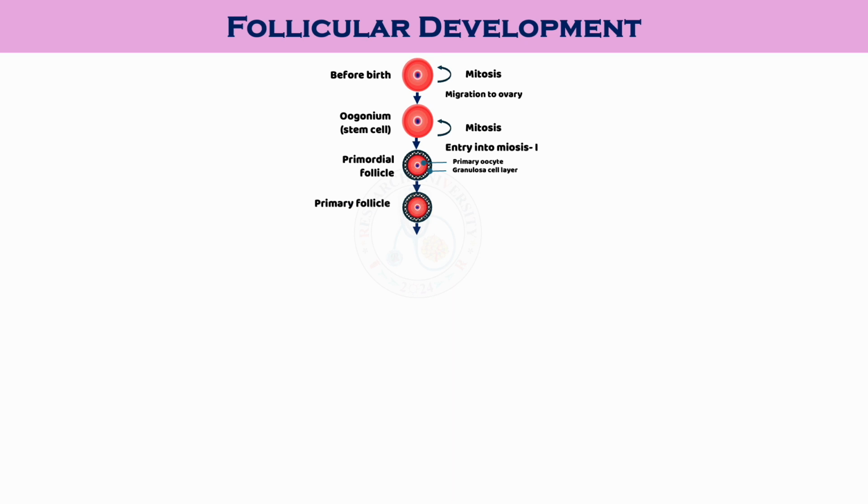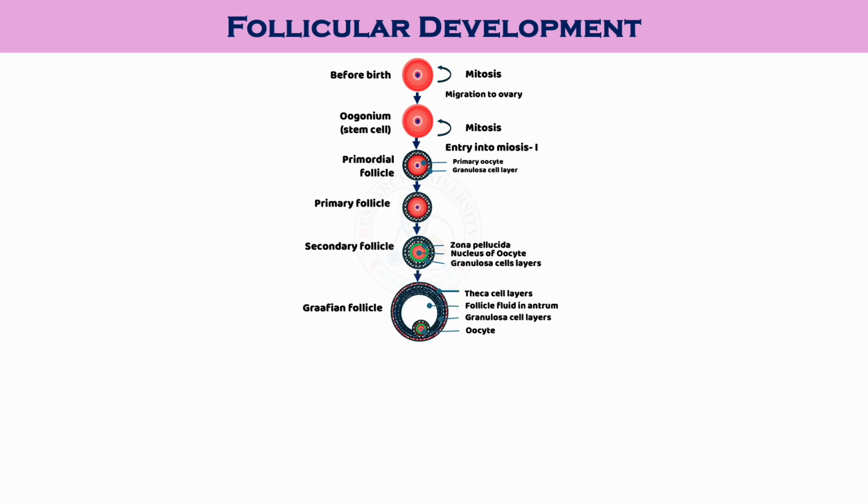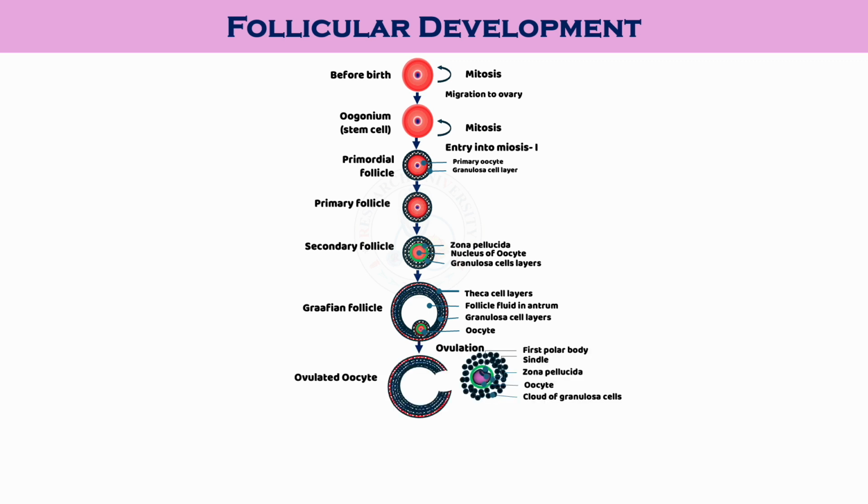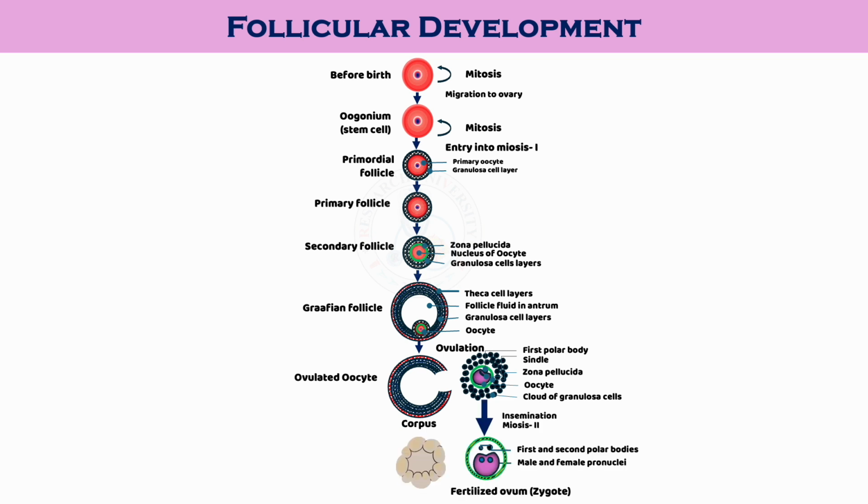These follicles progress through the primary and secondary stages, characterized by the presence of the antrum and zona pellucida. Finally the vesicular, Graafian follicle matures and undergoes ovulation triggered by luteinizing hormone. After ovulation, the corpus luteum secretes progesterone, preparing the uterine lining for potential embryonic implantation.